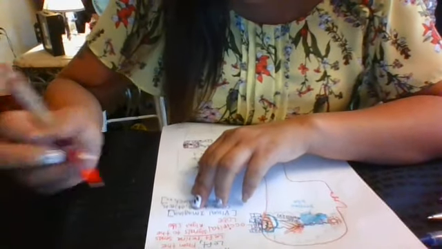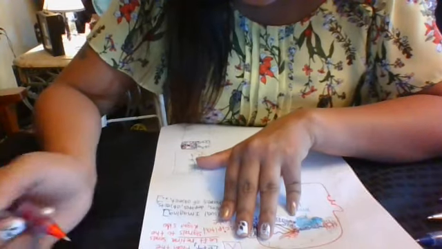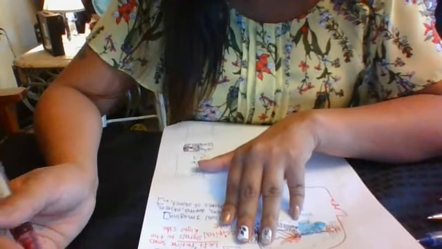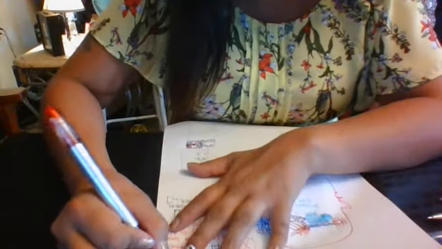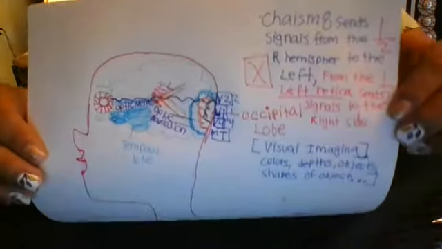So right to left, so it's an X shape. And it only sends half. So there's this. Sorry, I don't know if you could read that.